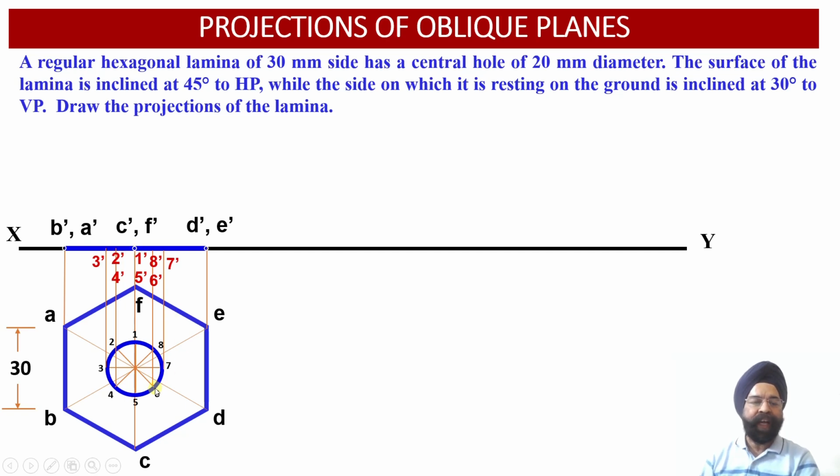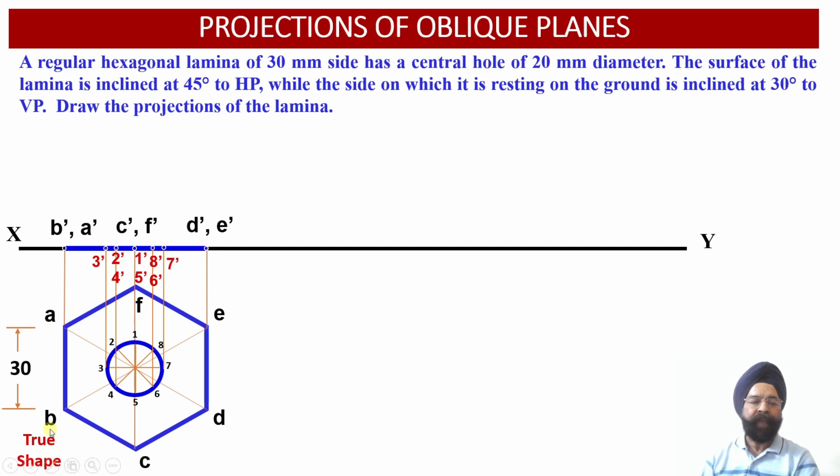Now once we project the points 6 and 8 in the front view, we are going to obtain the points 6 dash and 8 dash in the front view edge view projections of this particular lamina. And finally, point 7 from the top view, once we project it onto the vertical plane, we are going to obtain point 7 dash onto the edge view projections of this lamina.